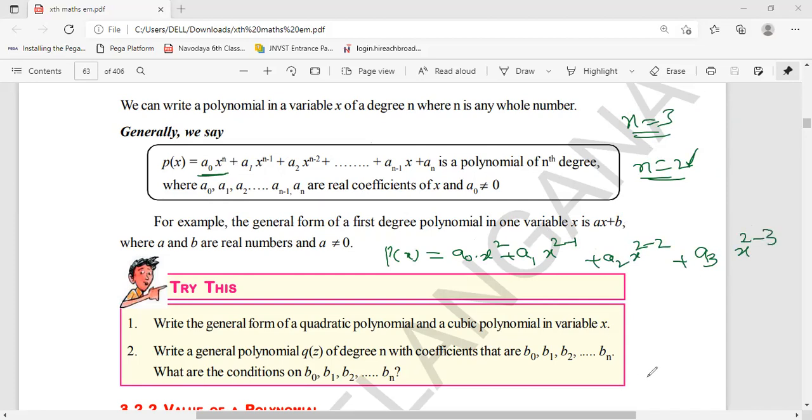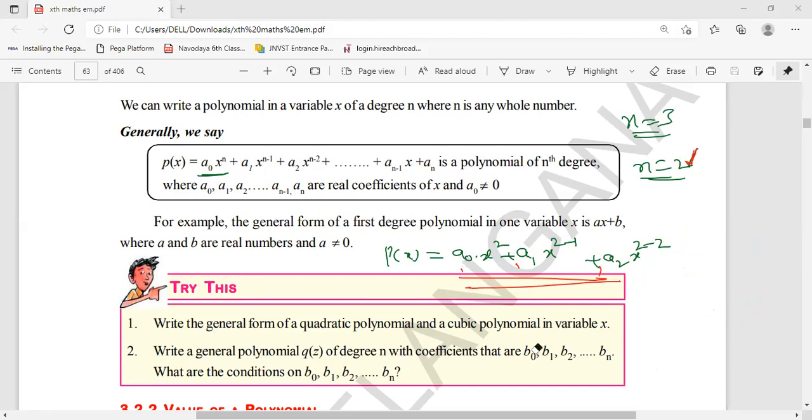If you see the a3 term, x power 2 minus 3, that means x power minus 1, so it is not a polynomial. So we have to take up to here. N is equal to 2 means how many terms did we get? 1, 2, 3. So this is the general expression for the quadratic polynomial.